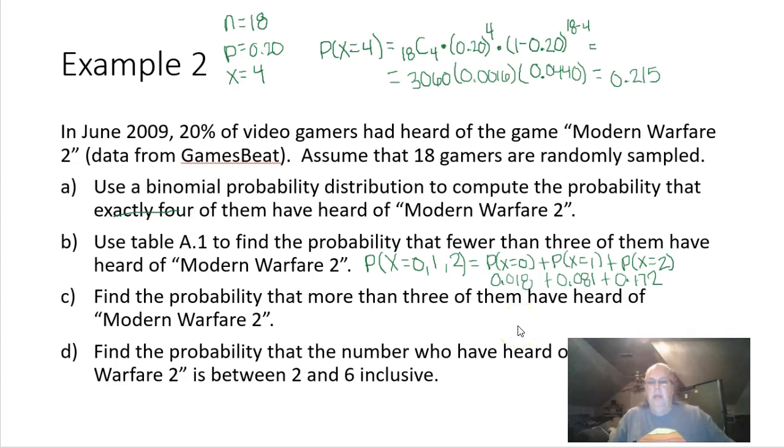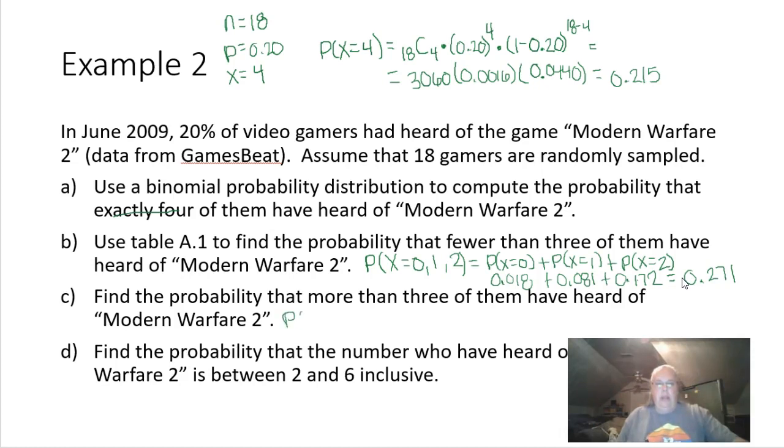I have listed those probabilities right here under x equals 0, x equals 1, and x equals 2. Now all we need to do is put this in the calculator and add them together. And this is going to give me 0.271.